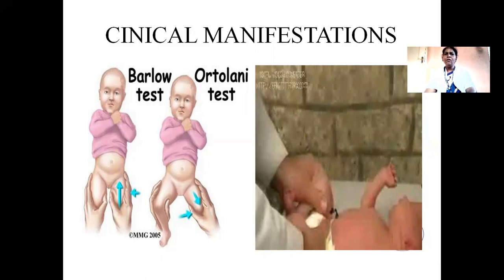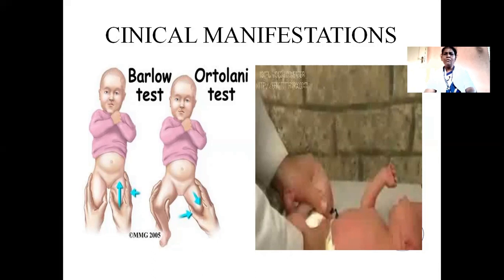Second sign is the Ortolani test. In the Ortolani test, the child will be in the supine position and the examiner will stabilize the hip with their hand. The knees will be flexed. Then the middle finger of one hand will be at the greater trochanter. Then the thumb will be at the lesser trochanter, that is inside the thigh.